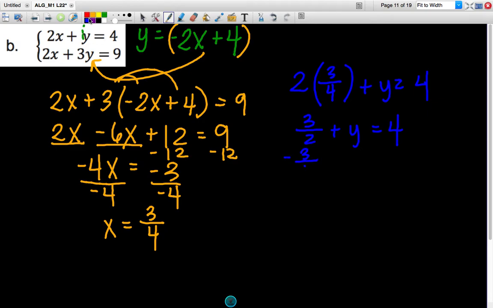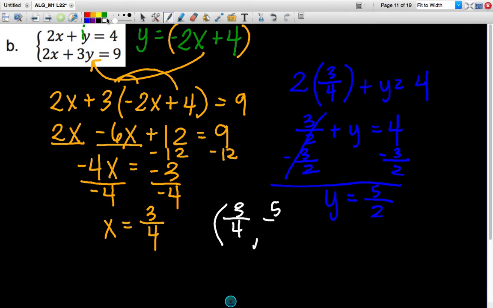When I subtract 3 halves on both sides, I'm left with y equals 5 halves. So my solution is 3/4, 5 halves.